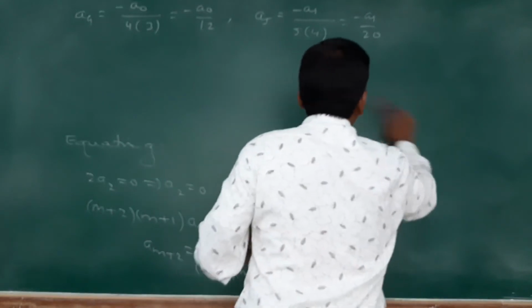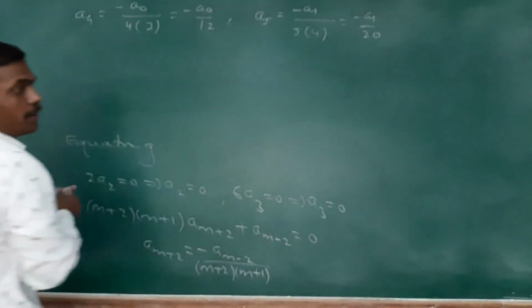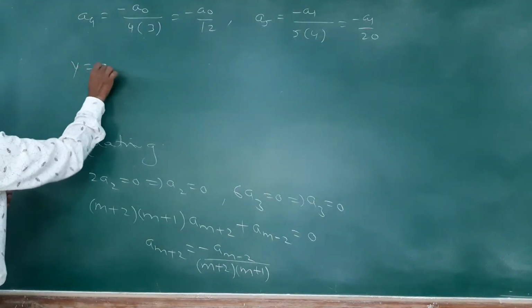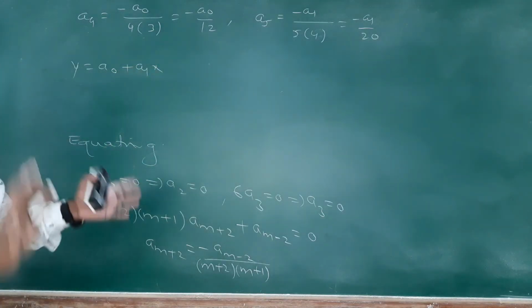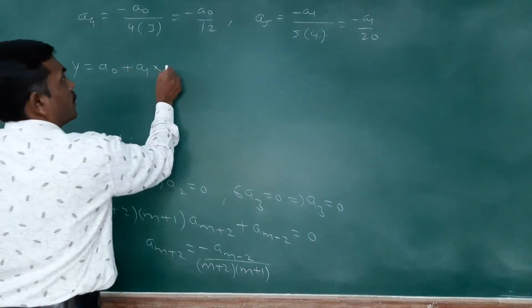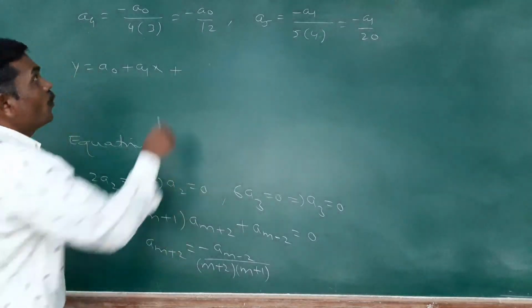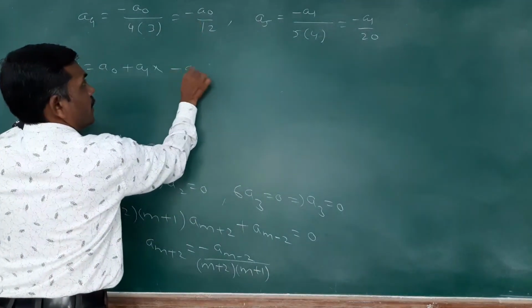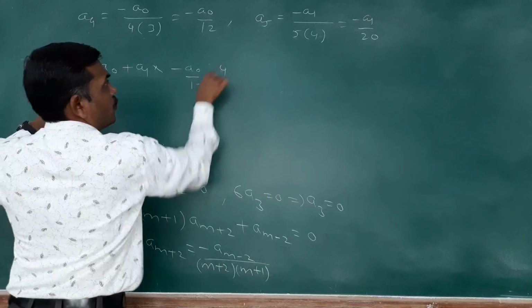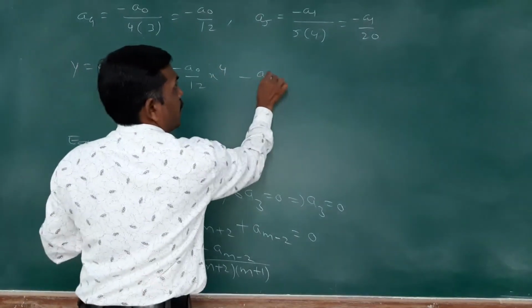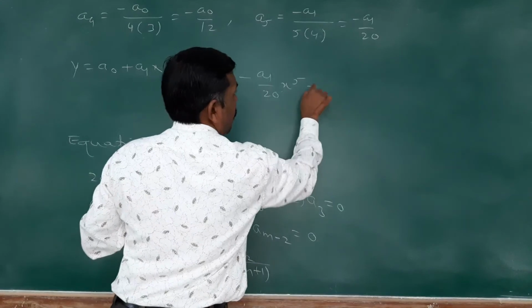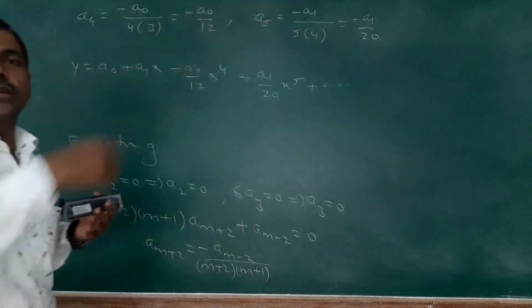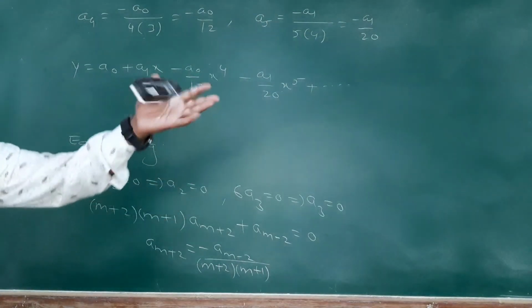So put all these values in your y. So the final answer is y equal to a0 plus a1 x. a2 is 0, a3 is 0, so no need to write them, plus a4, which is minus a0 upon 12 x raised to 4, a5, minus a1 upon 20 x raised to 5, minus or plus whatever it may be, x^6, a6, a7, like that we have to find.